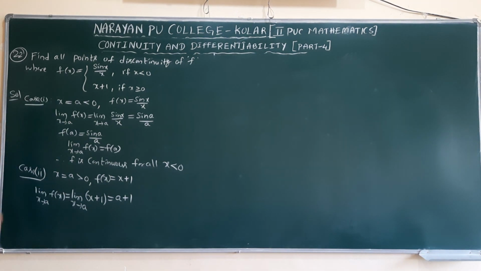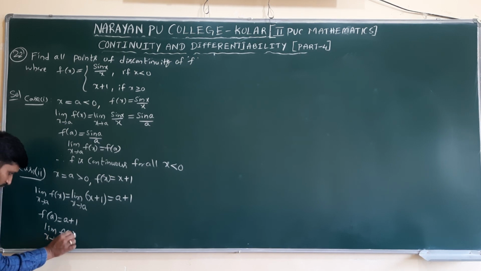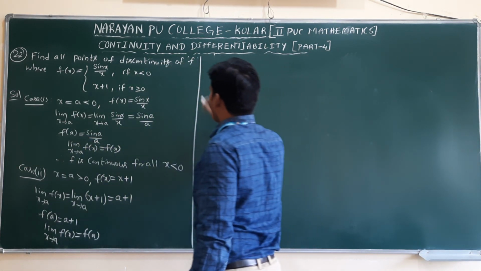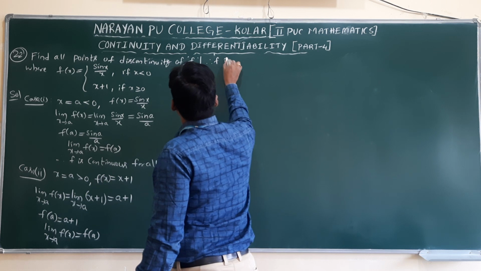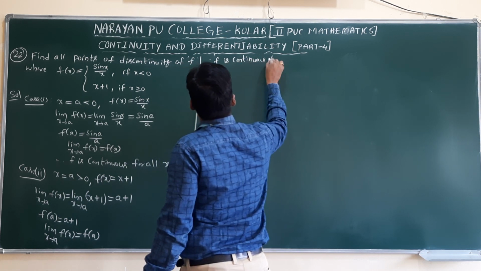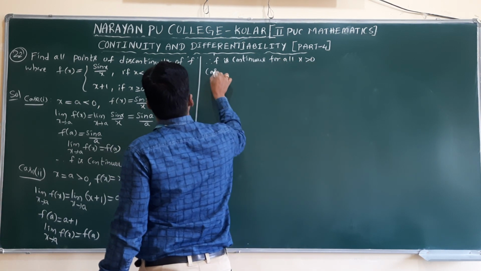We have an infinite number of values, that's why we are not able to take a particular number, that's why we are taking a symbol. Next, f of a. Substitute, that is a plus 1. Here again, limit x tends to a, f of x is equal to f of a. From this we can conclude f is a continuous function for all x greater than 0.